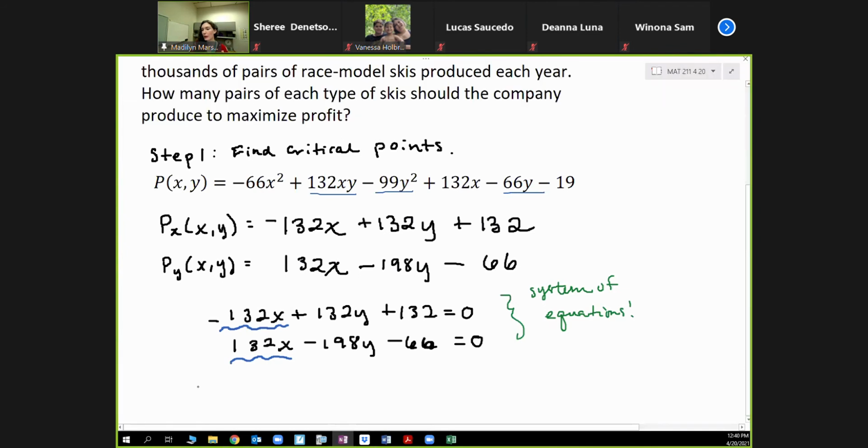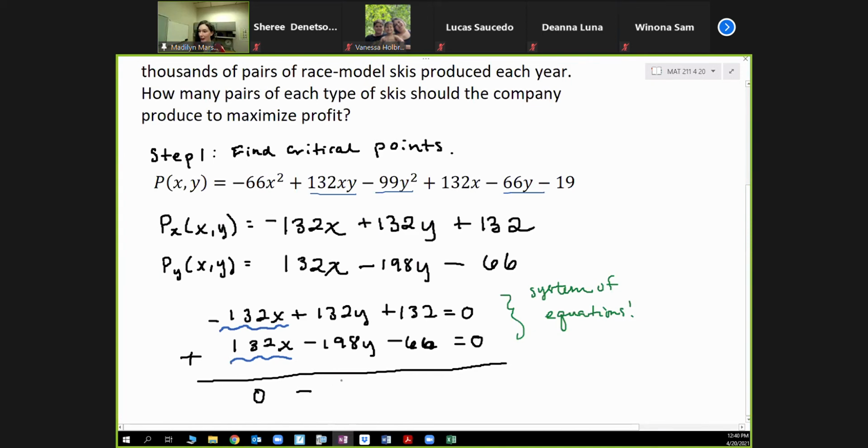The point of the elimination method is to add the two equations together to get one of our variables to go away. So if we add these two equations, we get 0 for that first part because negative 132x plus 132x is 0.